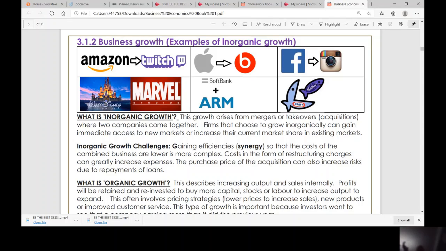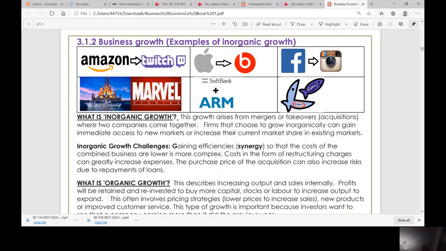They may not be able to, but that's their willingness to make profits. And we looked at the private sector versus the public sector, that businesses in the private sector make profits, while businesses in the public sector might have different objectives.